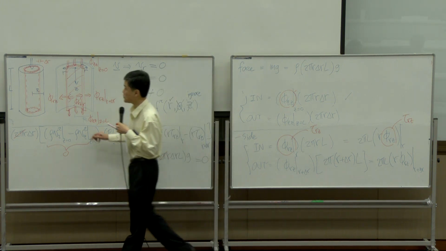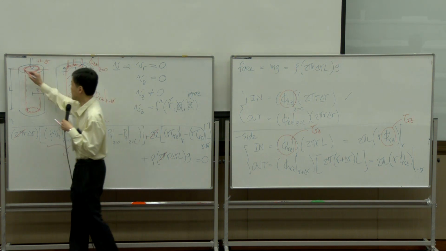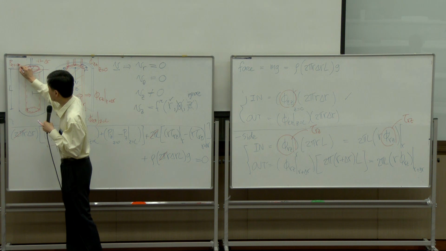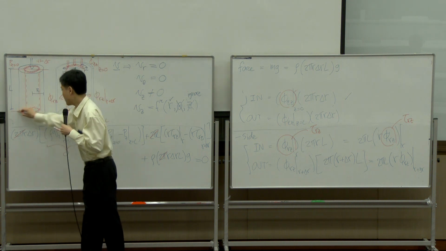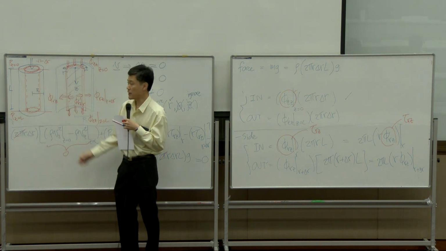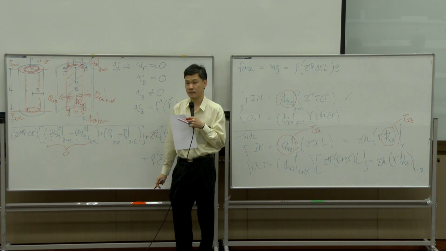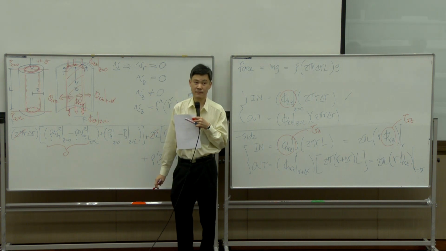Pressure at z equal to 0 is pressure up here. Pressure at z equal to L is down here. Do you think pressure at these two levels will be the same? No, they're not the same.